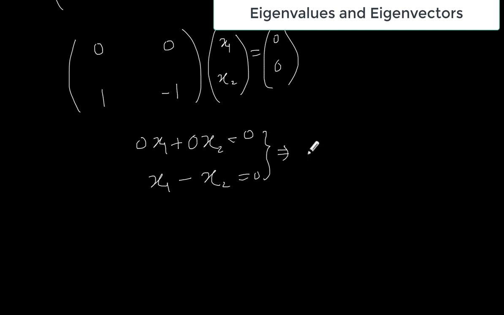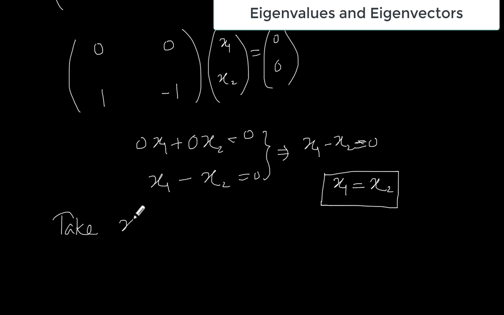That means all those vectors which have the first and second components the same will be the eigenvector. So for a particular case, suppose x1 is equal to 1.